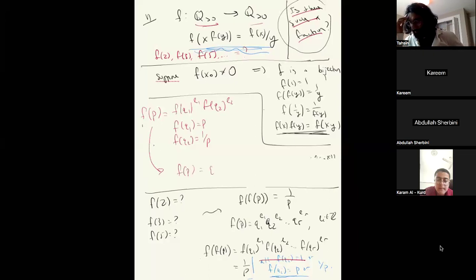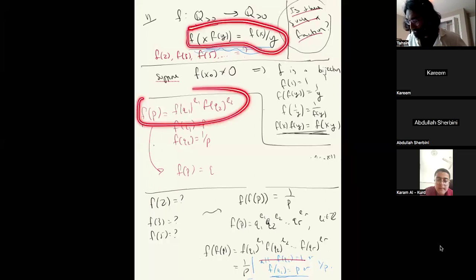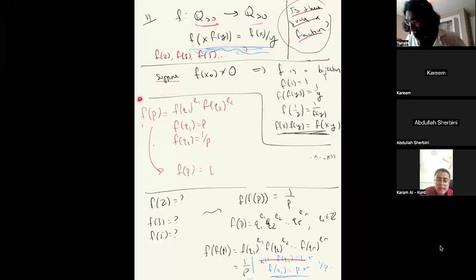I mean, in the given equation, not in general, where Q1 and Q2 are integers. This one here? Yes, because on the right we have f of xy equals f of x times f of y.